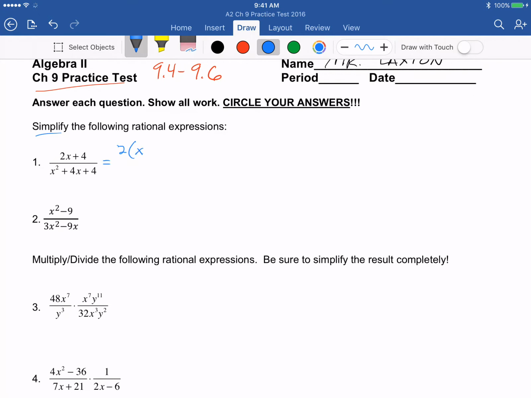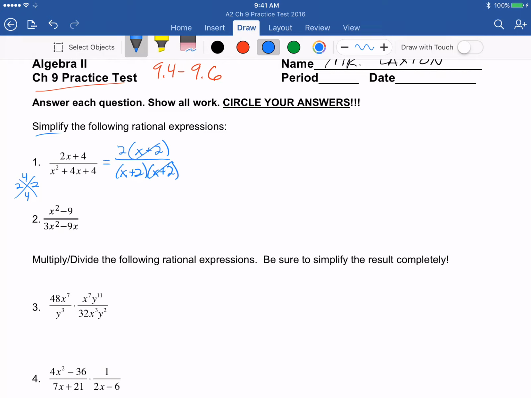So I can take out a 2 out of this. So I'm left with 2 times x plus 2 on the top. And now I look at the bottom, and I have a trinomial, so I put that guy in the diamond. I have 4 and 4, so 2 times 2 gives me 4, and it adds to 4, so I have x plus 2 and x plus 2.